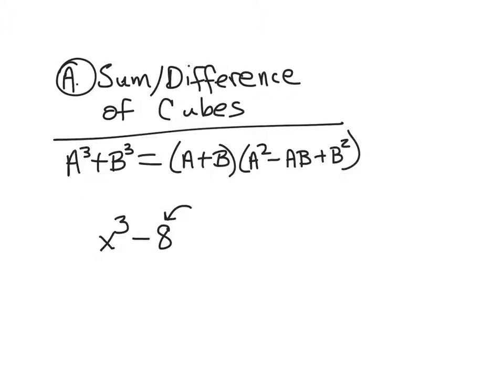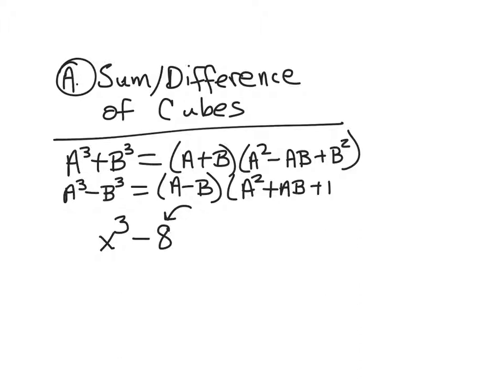If you have the difference of two cubes, that would mean we're subtracted instead of added. Then the formula goes a minus b times a squared plus ab plus b squared.